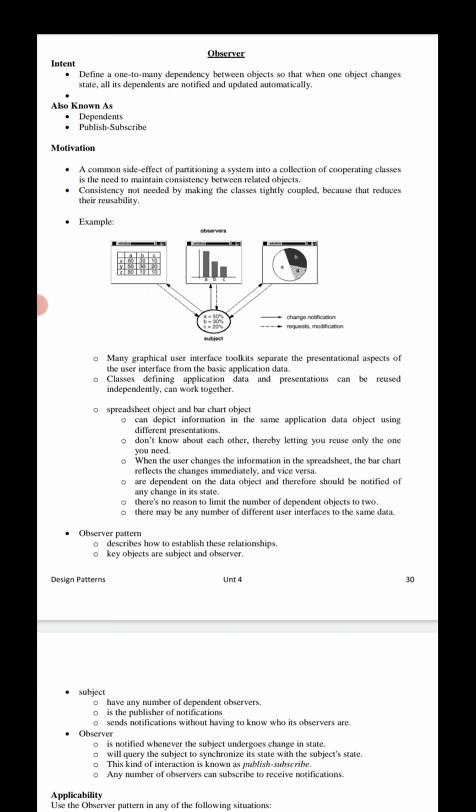If we take both spreadsheet objects and bar chart objects, they can depict the same information in the same application. The model depicts application data through different presentations. So here we specify the spreadsheets and the bar charts.